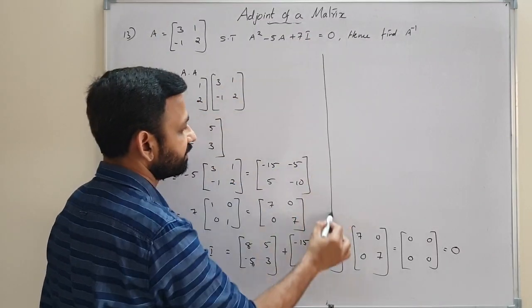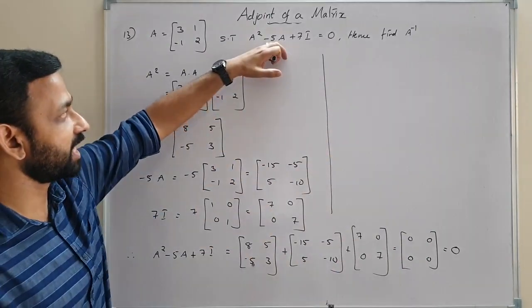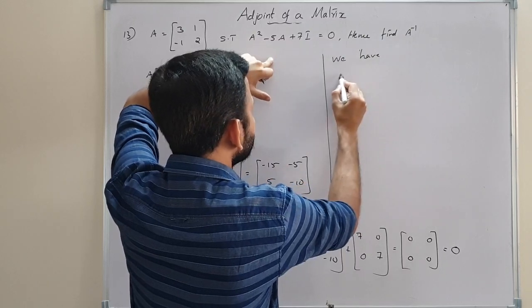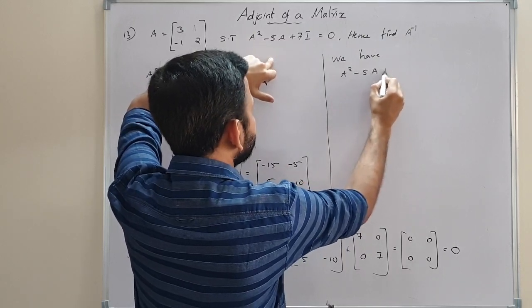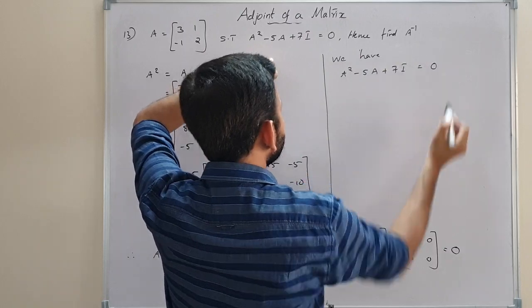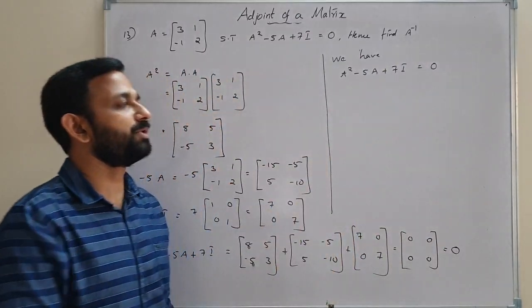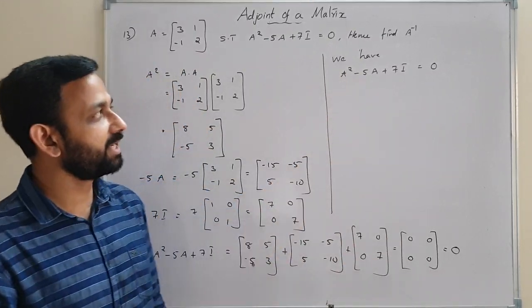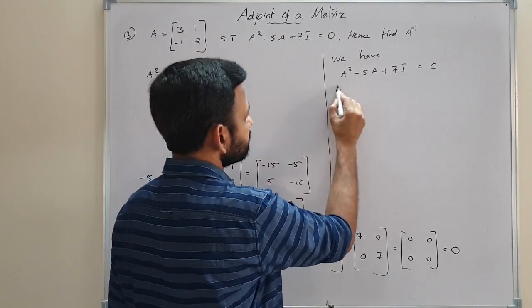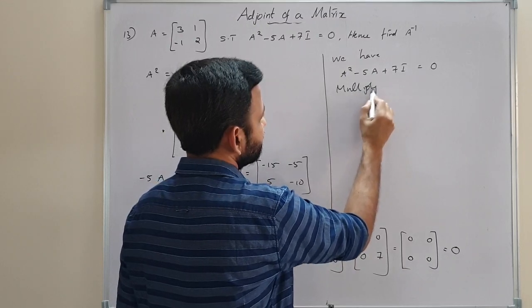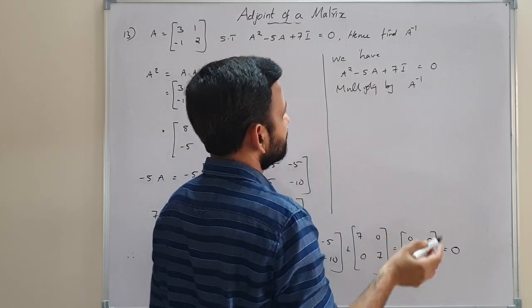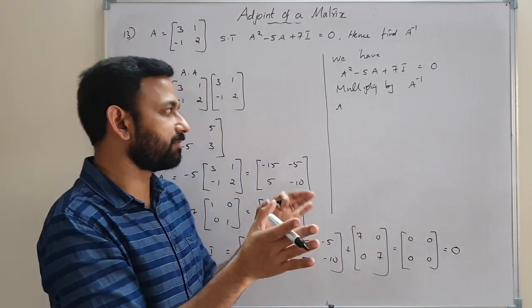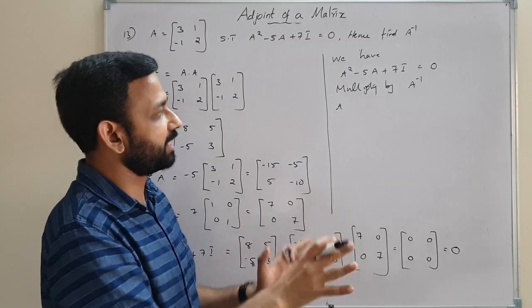Now we have to find A inverse from that result. So we can write that result: A square minus 5A plus 7I equal to the 0 matrix. Now we are going to multiply both sides of this equation by A inverse. When we multiply the LHS by A inverse, we have to multiply every element by A inverse.